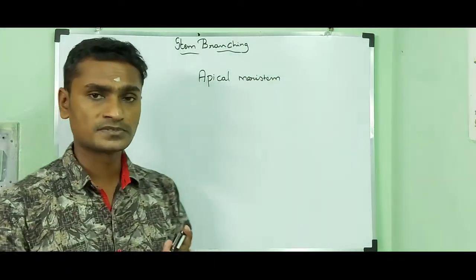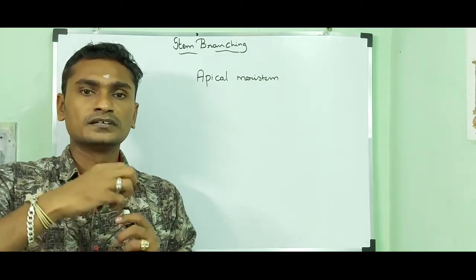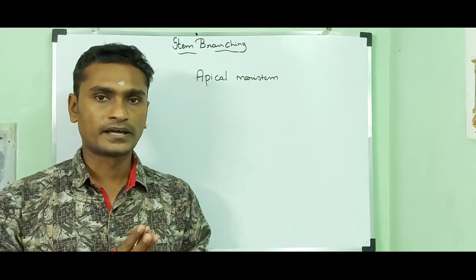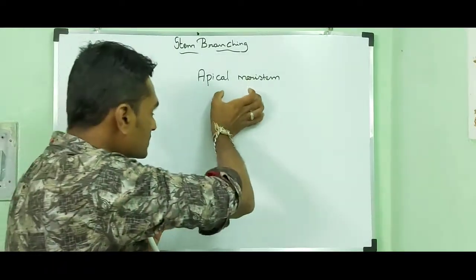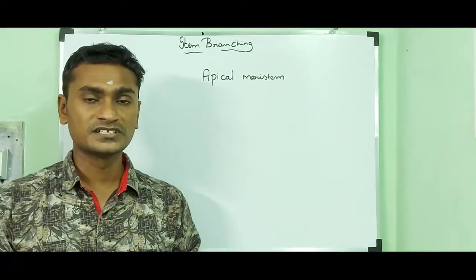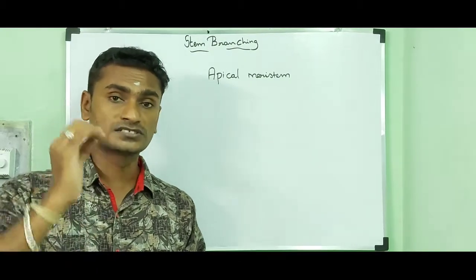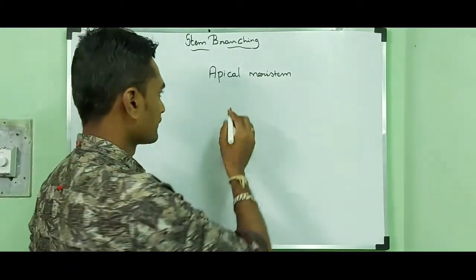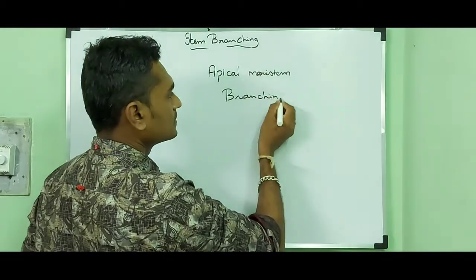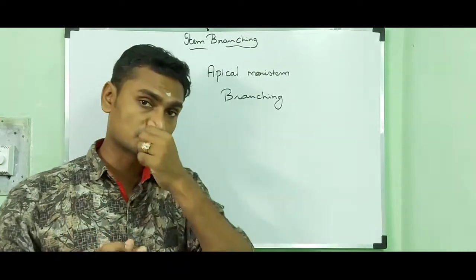Apical meristems are present at the tip of the plant and they can increase the length of the plant. சரிங்களா? அப்போ the apical meristem தான் the branching pattern என்ன பண்ணுது, determine பண்ணுது. Then the mode of arrangement of branches on a stem is called as branching. So branching na enna? The mode of arrangement of branches on a stem is called as branching.